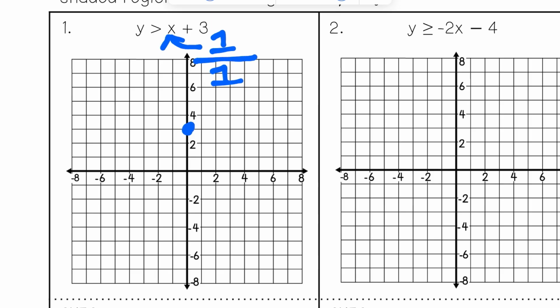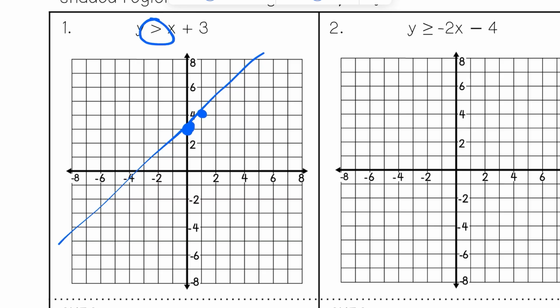So rise 1, run 1, it would be here. So now I've used my slope to rise and run to a new point. Okay, now I'm going to get this out of the way so I can write my line. So now, if I want to make my line, it's going to look something like this. And mine's not perfect, but it's okay.